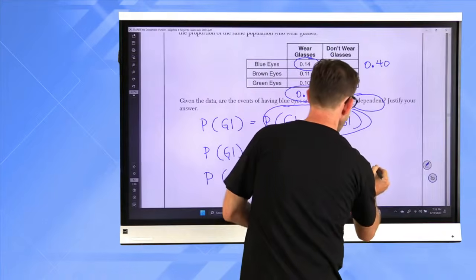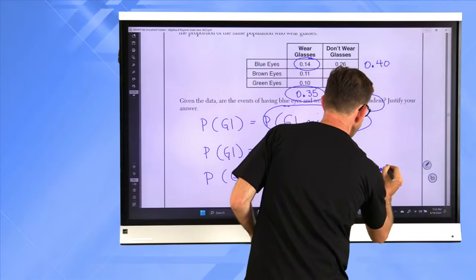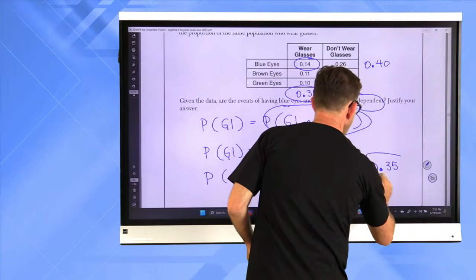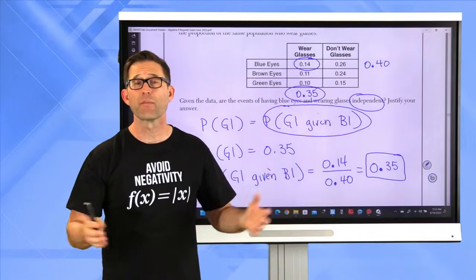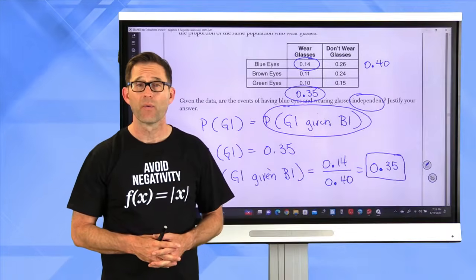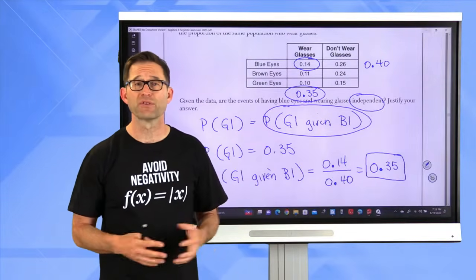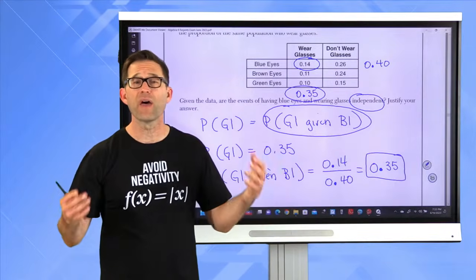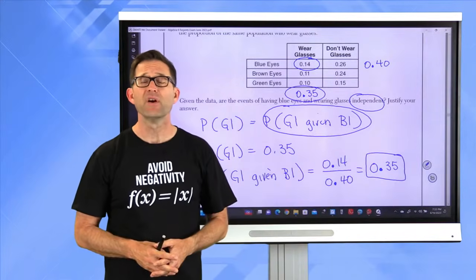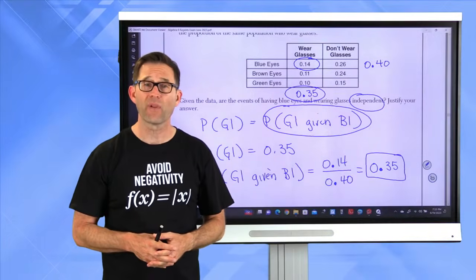Now, what does that say? That says that whether you have blue eyes or just come from the population in general, you have a 35% chance of wearing glasses, which means that they're independent, meaning that having blue eyes doesn't affect whether or not you have glasses.